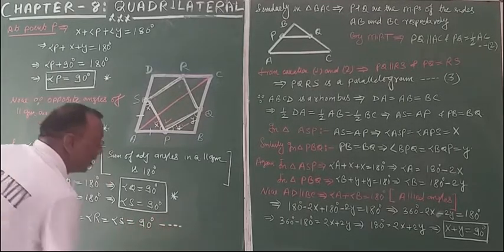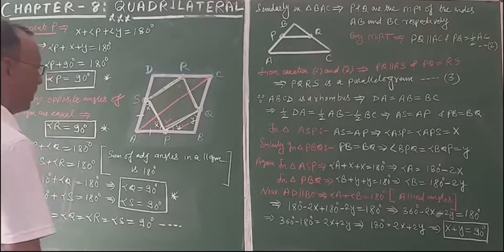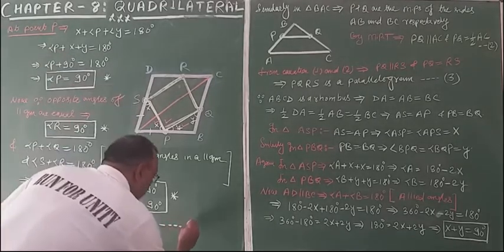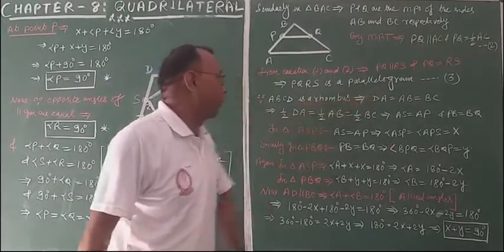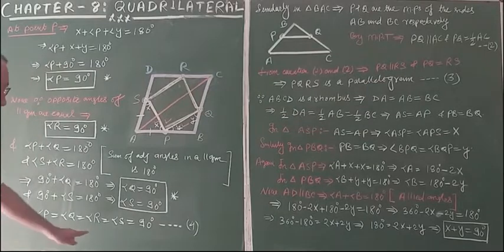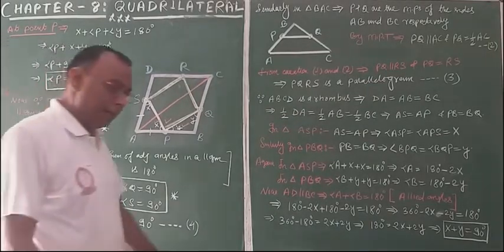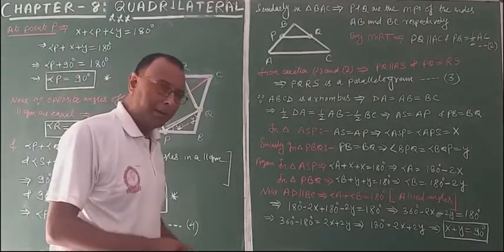Suppose this is equation number first, second, third, this is fourth. Now just look at equation number 3: PQRS is a parallelogram. And equation number 4: all the angles are equal to 90 degree. And this is the property of a rectangle.